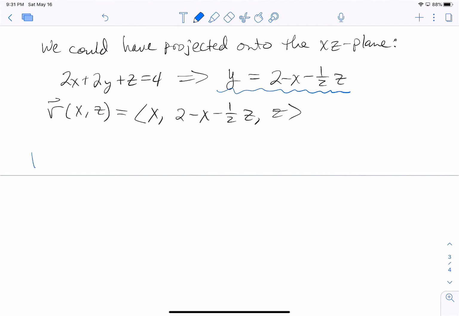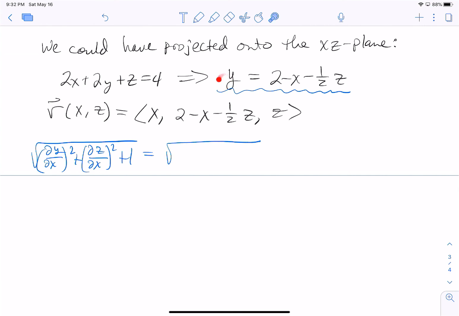And I'm going to go for that this time. The square root of the partial of y with respect to x squared plus the partial of y with respect to z squared plus 1 is equal to the square root of, now the partial of y with respect to x is -1. So inside the radical, (-1) squared. The partial of y with respect to z is -1/2. And so (-1/2) squared plus 1. The result there is going to be 3/2.